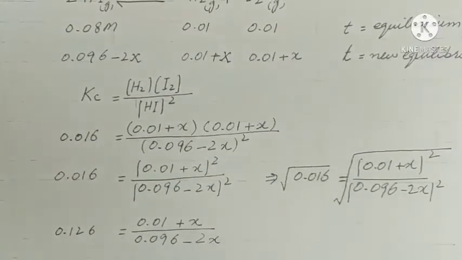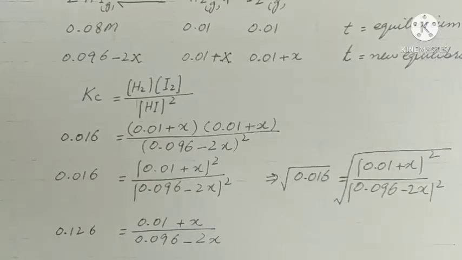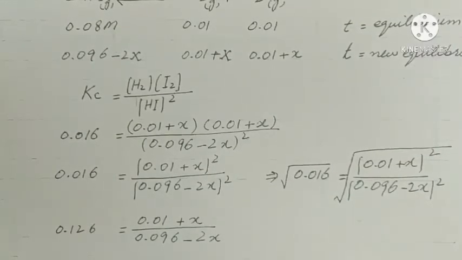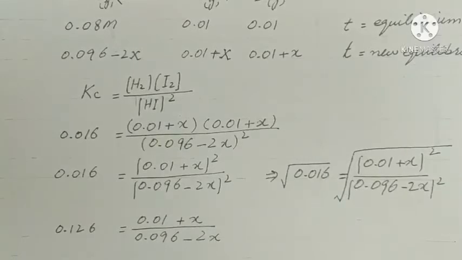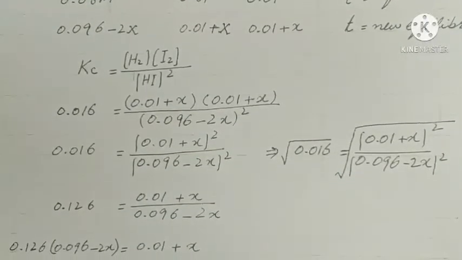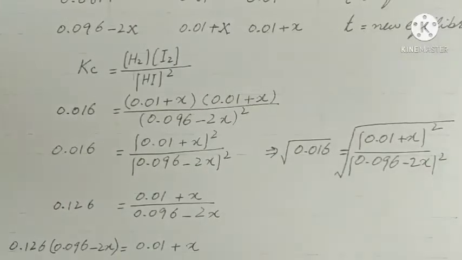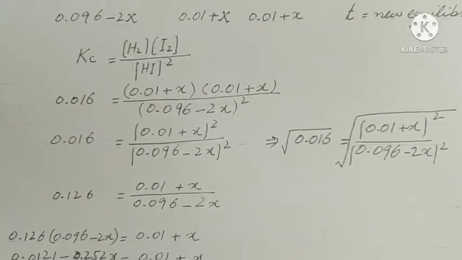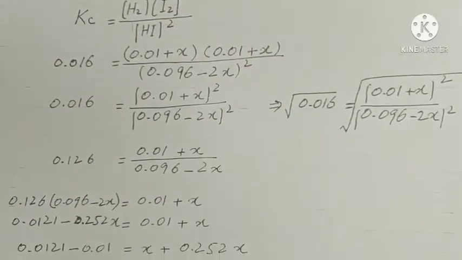Then take the square root of both sides: the square root of 0.016, and the square root of (0.01 plus x) squared divided by (0.096 minus 2x) squared. The square root of 0.016 is 0.126, and it is equal to (0.01 plus x) divided by (0.096 minus 2x). Solve this.